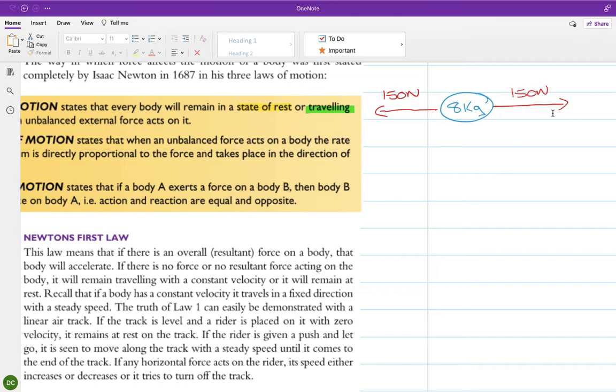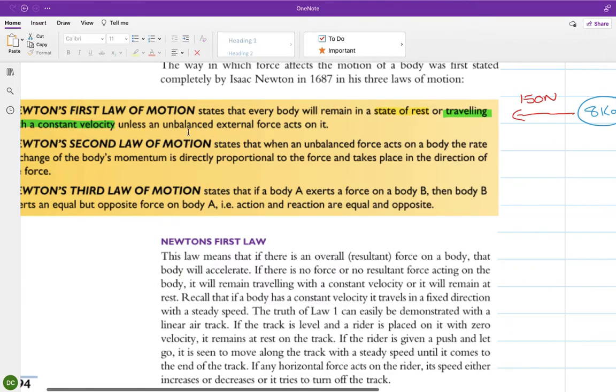Okay, and the only way to stop it being either at rest or travelling at a constant velocity is if you introduce an unbalanced force.